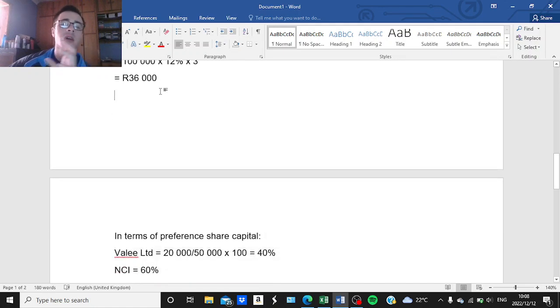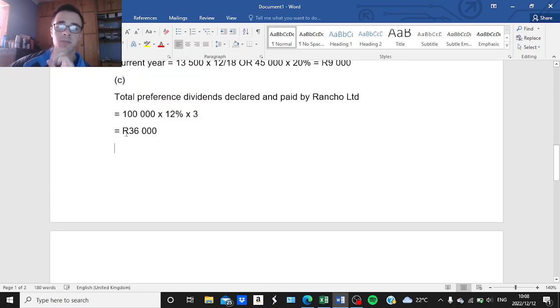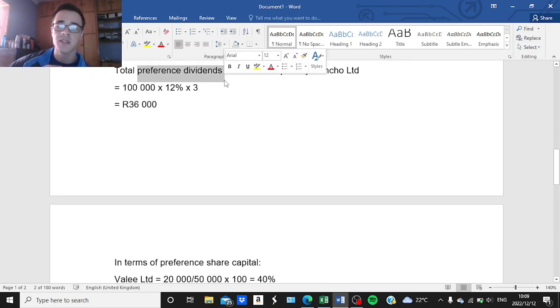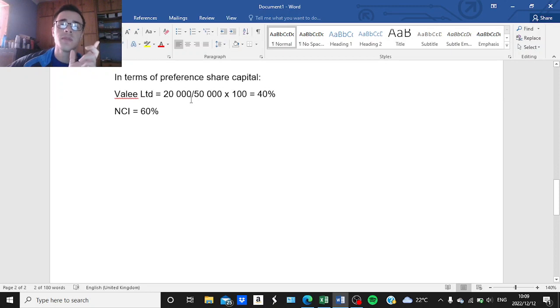So you cannot use the percentage interest of ordinary share capital in order to split the preference dividends between the parent and non-controlling interests. Okay, you are working with preference dividends, so you need to use the percentage interest for preference share capital, okay, for the parent and non-controlling interests.